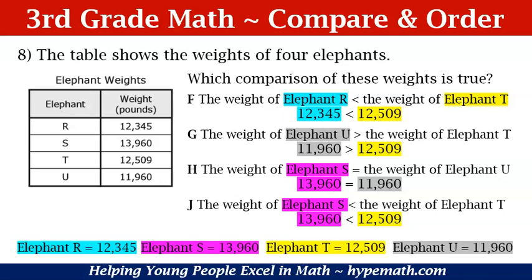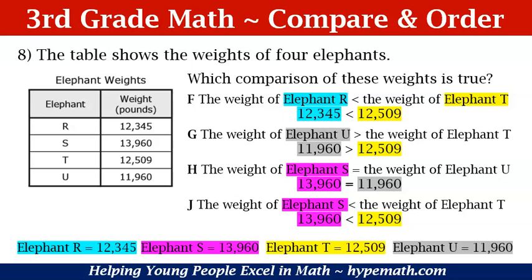Okay, so let's start with F. It says the weight of elephant R is less than the weight of elephant T. So elephant R's weight is 12,345 and elephant T's weight is 12,509. Is this comparison true?